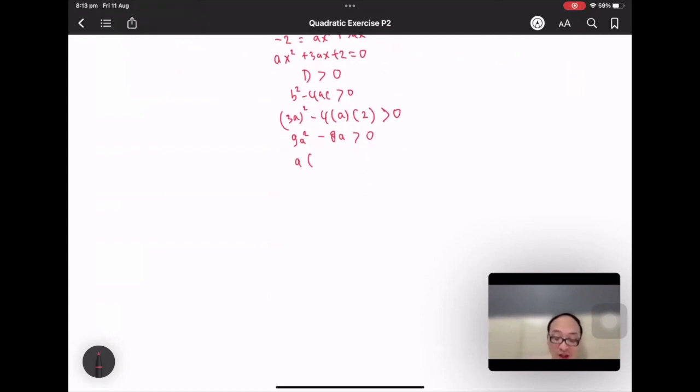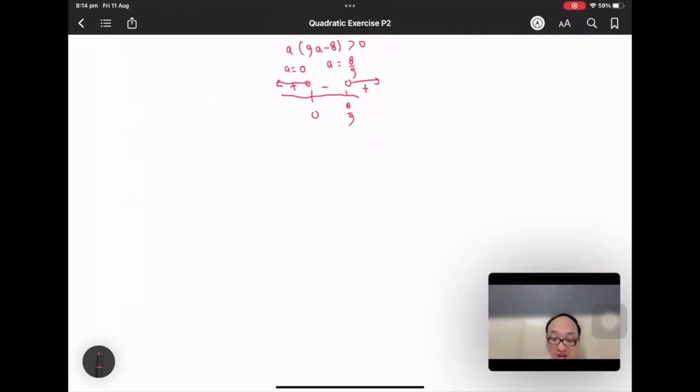So a(9a minus 8) will be greater than 0. So the roots are a equals 0 and a equals 8 over 9. Using the number line, 0 and 8 over 9, it will be positive, negative, and positive. So a will be smaller than 0, or a will be greater than 8 over 9.